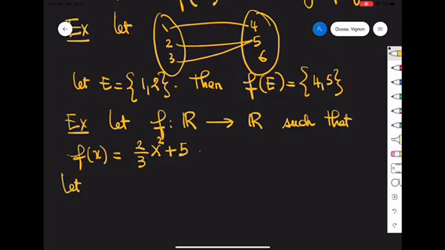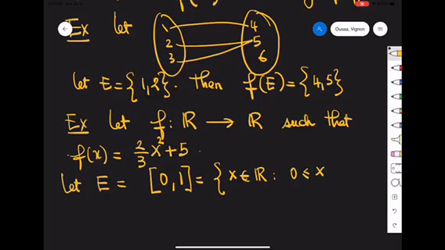Now let E be, let's say, the interval 0, 1, which is essentially the set of all real numbers x such that x is in between 0 and 1.